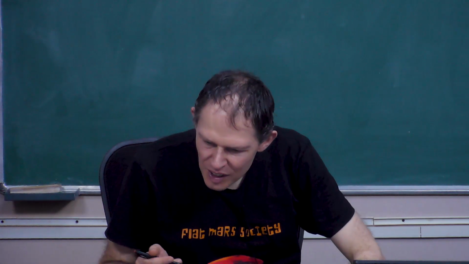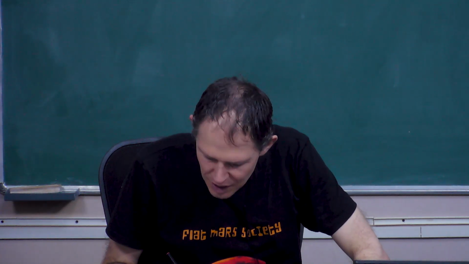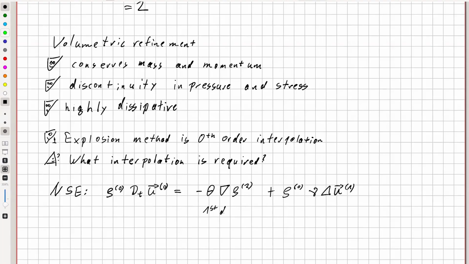So this requires that this is the first derivative, and this requires at least linear interpolation, meaning that the variation of this over space must be at least a linear function, so that when we take the derivative, we get a meaningful gradient.